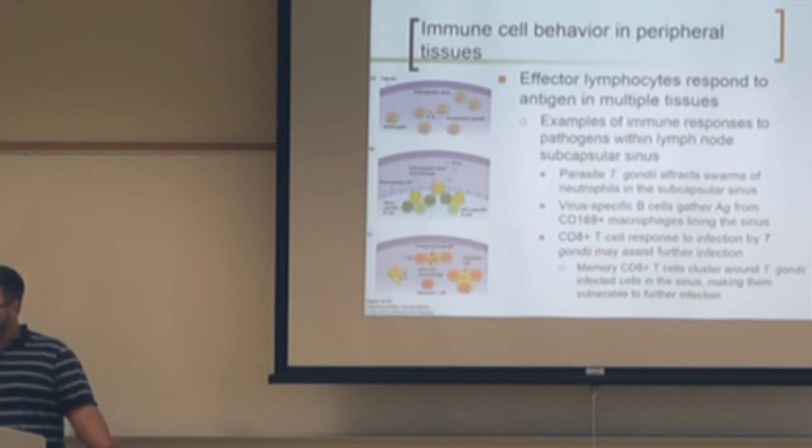But in the case of some parasites like Toxoplasma gondii, this will actually infect macrophages and move into areas where T cells are, and then actually infect T cells as well.